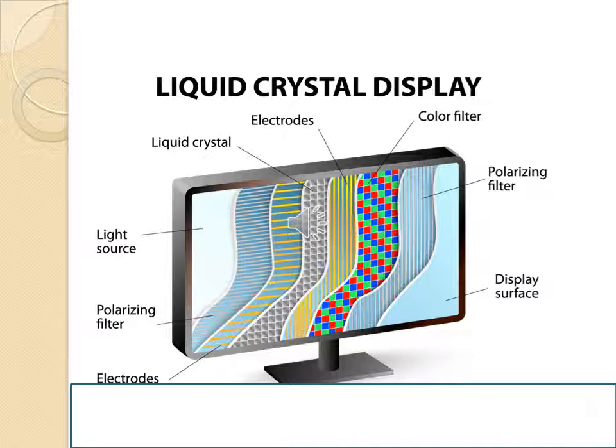Next, we will see how LCDs are constructed. The figure shows the LCD display. Simple facts that should be considered while making an LCD: the basic structure of the LCD should be controlled by changing the applied current. We must use polarized light. The liquid crystal should be able to control both operations, to transmit or to change the polarized light.